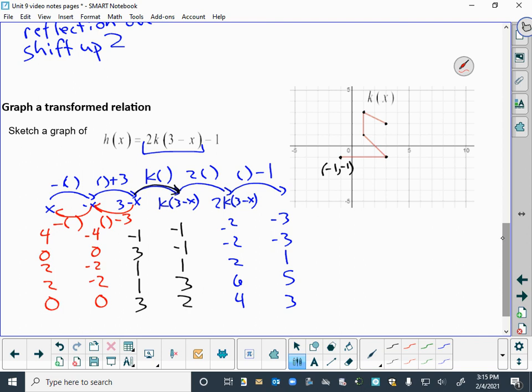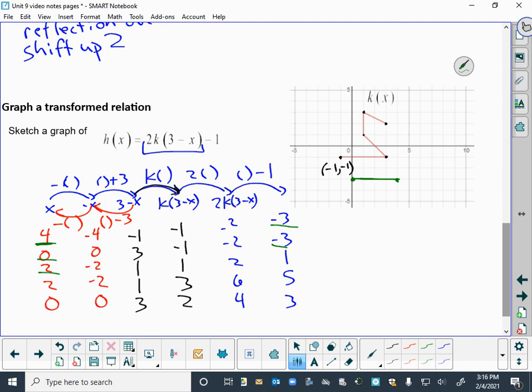And what I have now is an input connected to an output on the transform function. So my first point's going to go at 4 comma negative 3. So I go over to 4, down to negative 3. That is going to get connected to 0 comma negative 3. 0 negative 3 is right there.